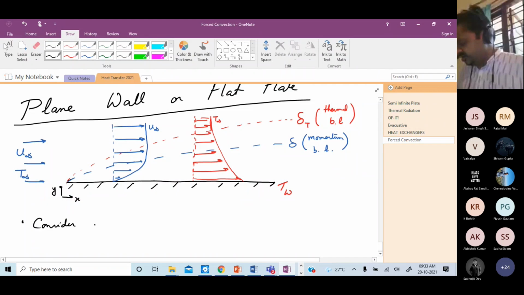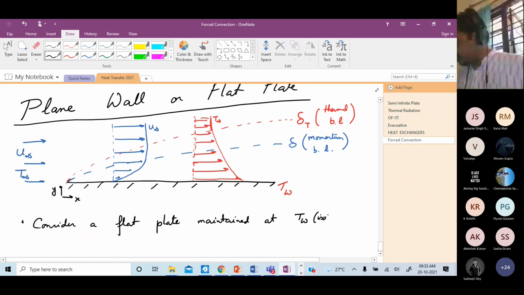Before that, consider a flat plate maintained at TW. So it's an isothermal boundary condition, correct?